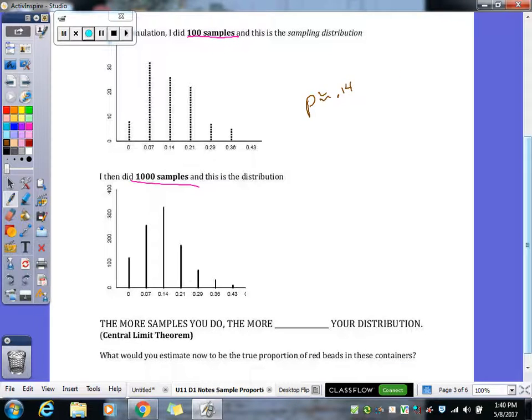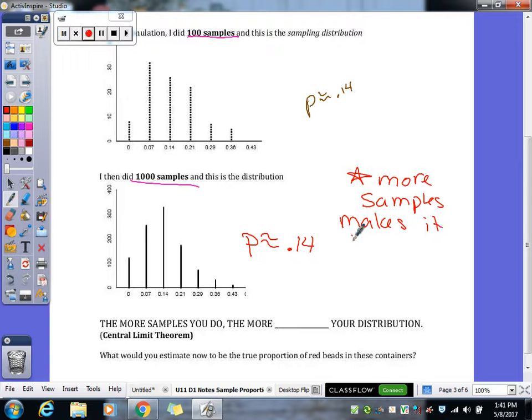So then if we look at our 1,000 samples, what is our approximate p-value? Yeah, 0.14, 0.21. So what happens is the more samples you have, the more accurate your distribution is. So more samples makes it more accurate.